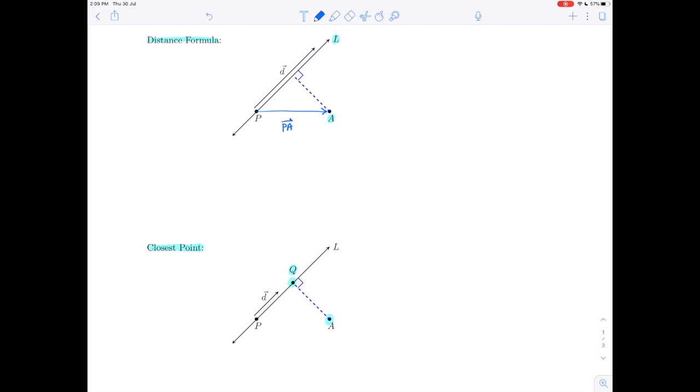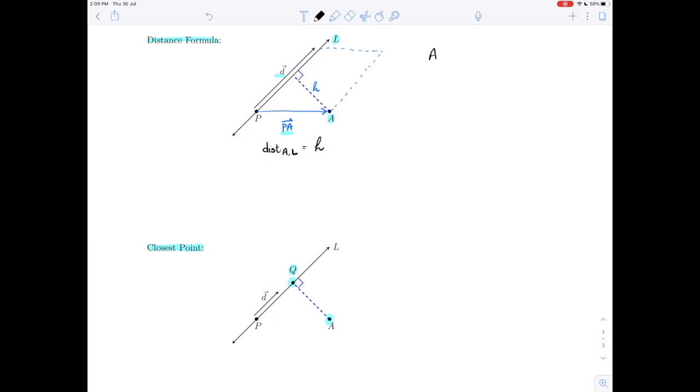Now I'm going to add something extra to the diagram: some dotted lines to form a parallelogram, a parallelogram that has vectors PA and the direction vector D of the line as its sides. If we look at that parallelogram, the height turns out to be exactly the distance that we want. So the distance from point A to line L is exactly the height of the parallelogram.